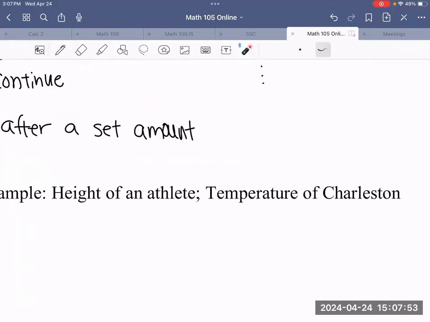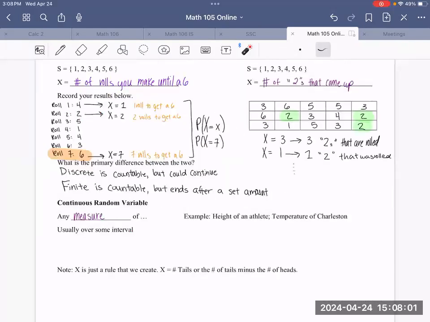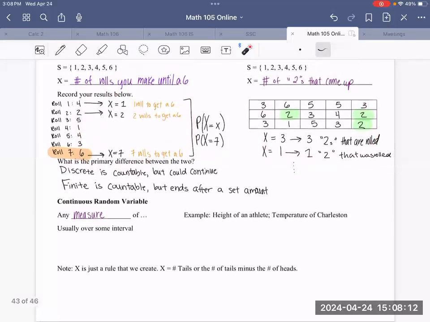So it'll be a variation of values, and it's not so much countable. It's harder to count than these values here, because it can be over a certain range. There's an infinite amount of values that we can have.